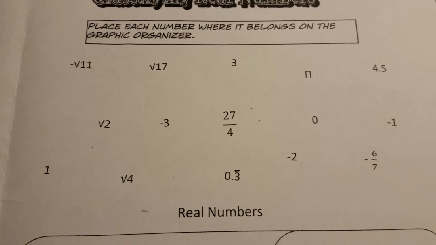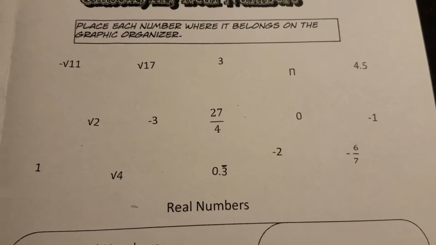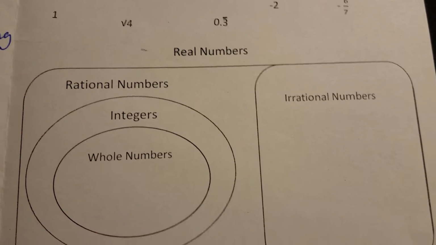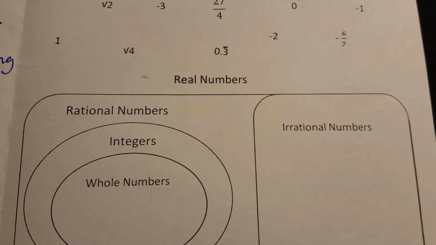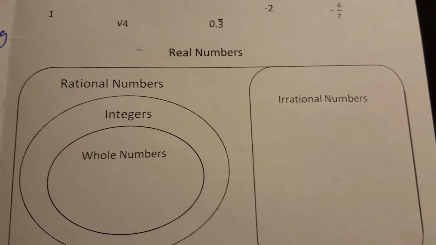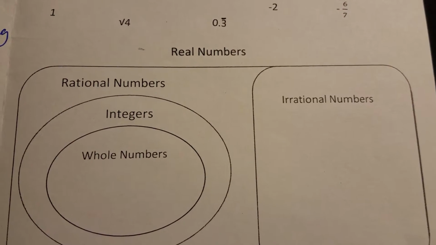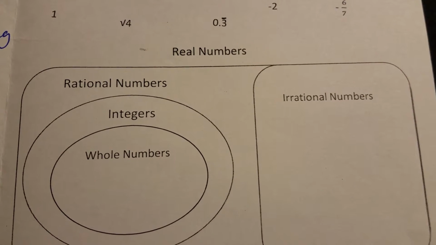Okay. So now we're going to classify numbers. So here we have all these real numbers, and we're actually going to classify them as whole numbers, integers, rational numbers, and irrational numbers. I'm first going to start with the whole numbers. Now we know that whole numbers can be 0 and it's all the counting numbers.